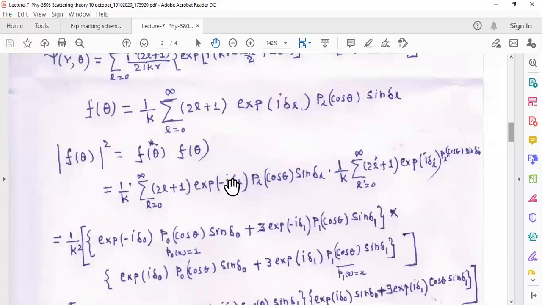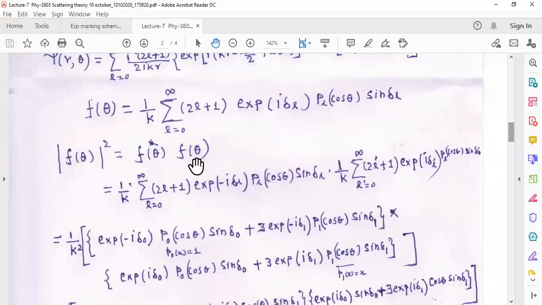Then exponential of minus i delta 1, P1 of cos theta, and sin delta 1. Then I could have L equal to 2 also, but I don't take L equal to 2 because the phase shift is negligible. So we don't take L equal to 2 or L equal to 3.